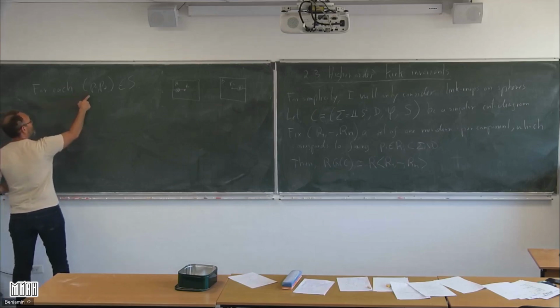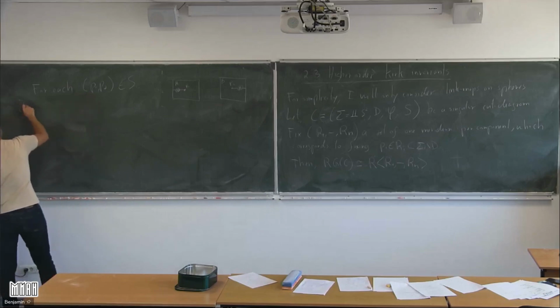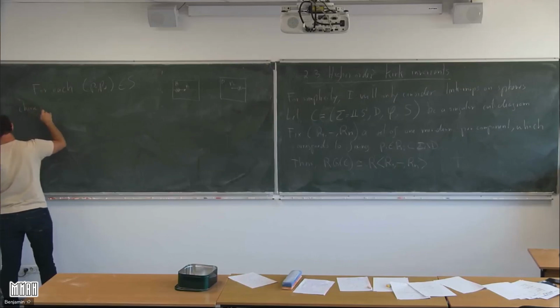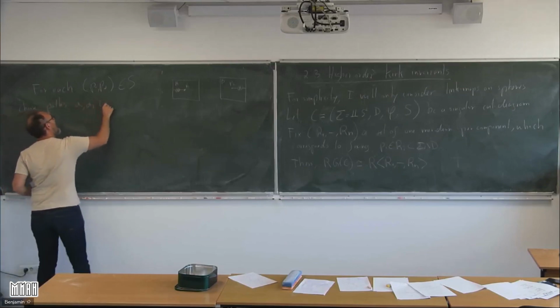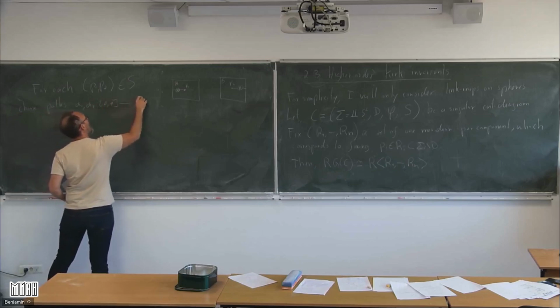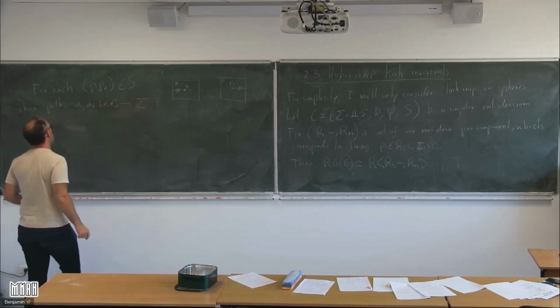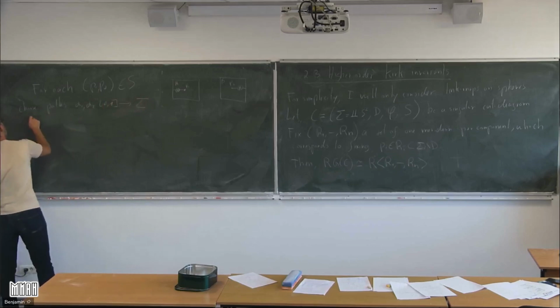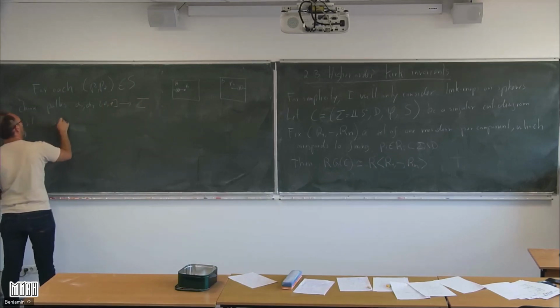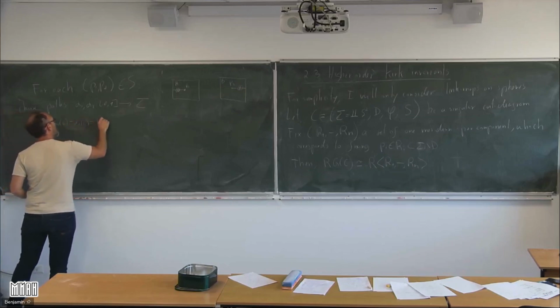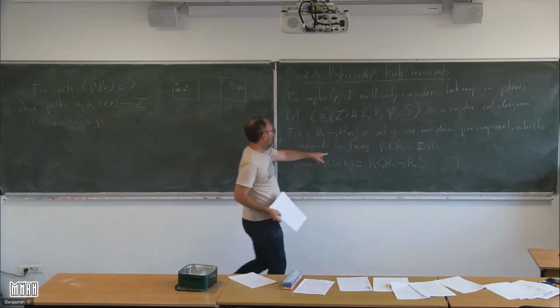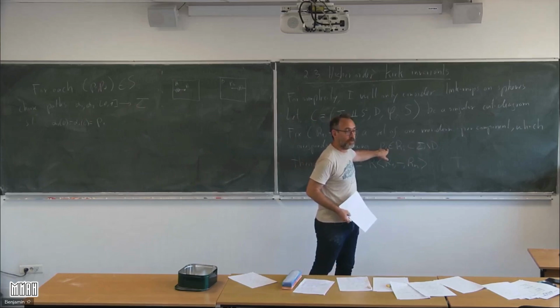So for every such pair of points, choose two paths on your surface such that they both start at the base point I choose on the component where the two points belong.